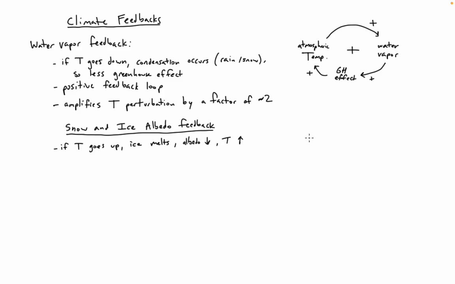Okay, so let's just call atmospheric temperature T. Maybe you want to pause the video and see if you can write these out yourself. Temperature goes up, less ice cover. That's negative. Less ice cover, what effect does that have on albedo?